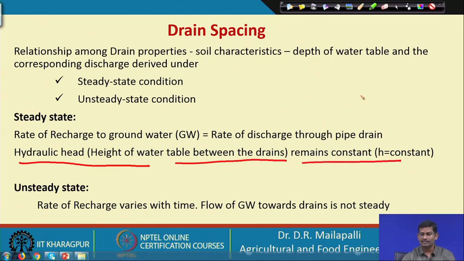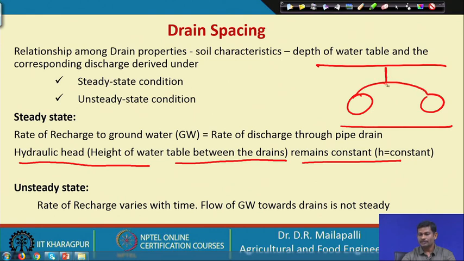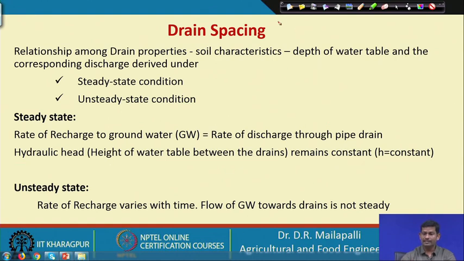So, H is constant in case of steady state condition. Q is recharge and Q is drain flow, this is one assumption, the next one is H is constant. And in the steady state, the other assumption is that the soil is homogeneous and isotropic.